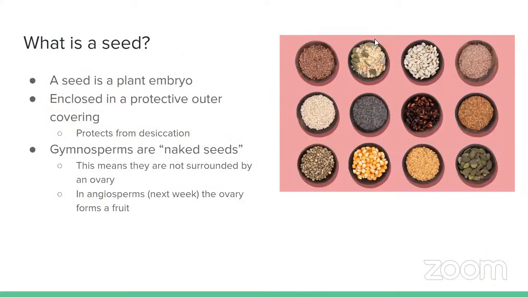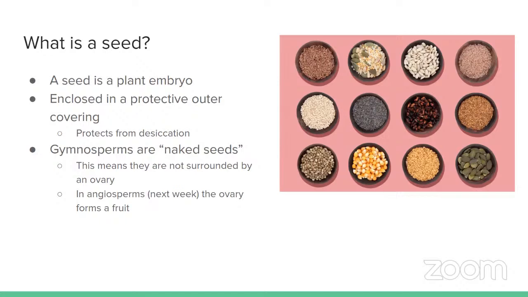Before we do that, I do want to just briefly talk about what a seed is, because thus far we've only talked about spores. So saying that gymnosperms are one of our 2 groups of seed plants, it helps to know what a seed is. So when we talk about the reproduction of the gymnosperms, we're actually going to see that spores still are involved.